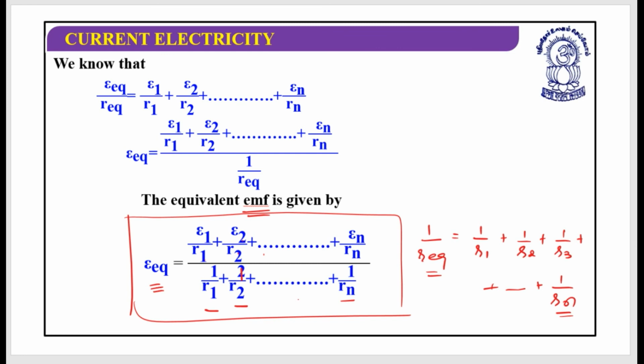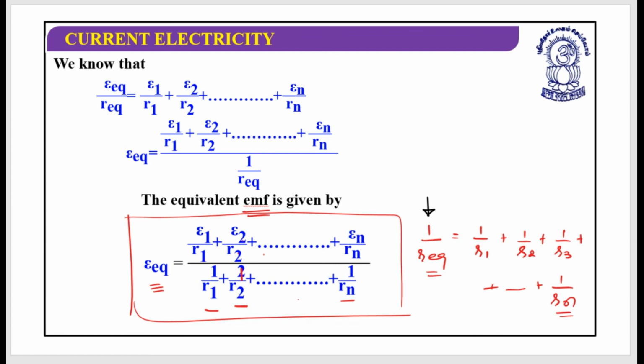Write it down: E equivalent equals E1 by R1 plus E2 by R2 up to En by Rn, divided by 1 by R1 plus 1 by R2 up to 1 by Rn. And also write down 1 by R equivalent equals 1 by R1 plus 1 by R2 plus 1 by R3 up to 1 by Rn. Write it down. Great.